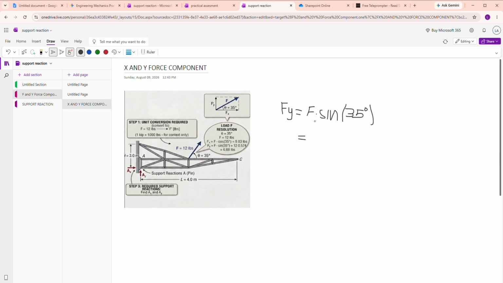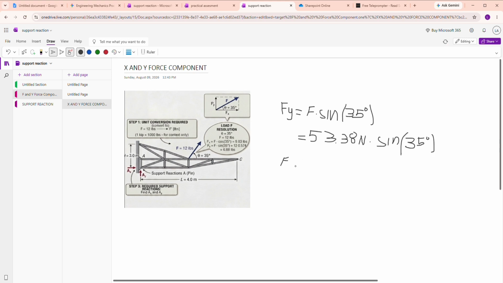Then substitute the value of F, which is 53.38 Newton. And again, we multiply it by sine 35.